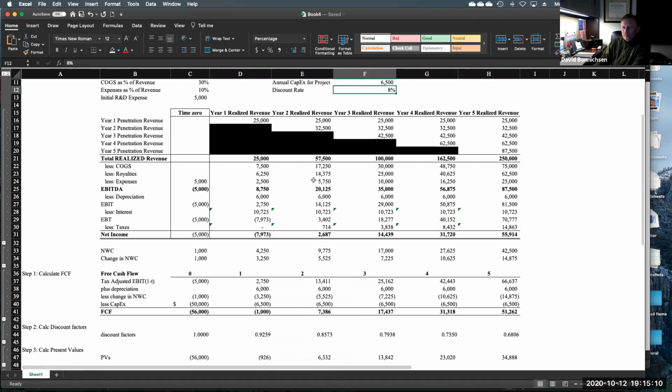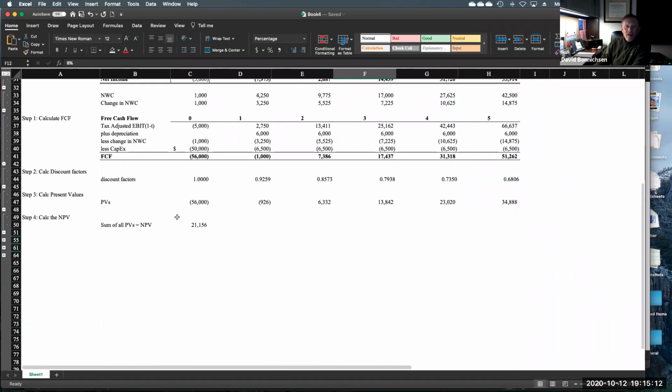Okay? So calculate the net present value is step 4.